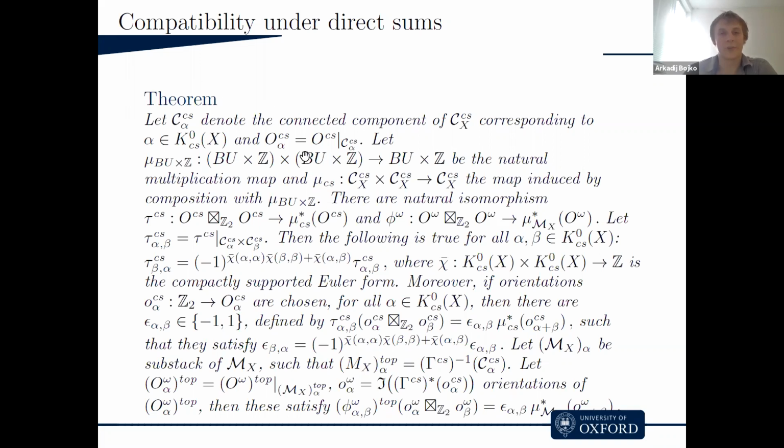So the theorem that I have here is summarizing this in a computation for people who want to do computations. This is saying that if I have this space classifying the compactly supported K theory on X, and I pick alpha, some class in the compactly supported K theory, then I have for it the corresponding connected component C compactly supported alpha, and I can restrict the Z2 bundle O compactly supported to this connected component.